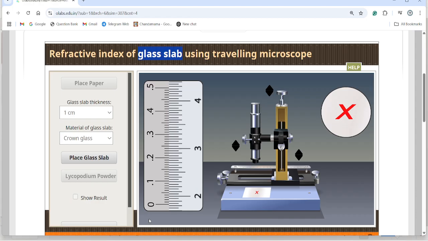So the zero reading is showing just below 2, which is 1.9, then 1.8. So it is 1.80, then 1.85, then 1.90, then 1.95.